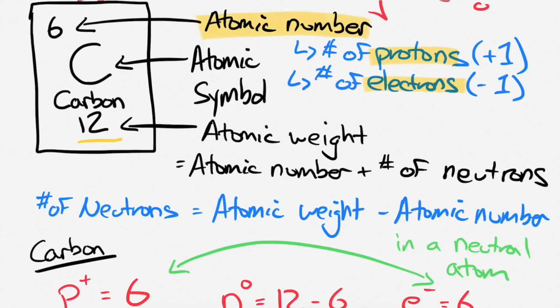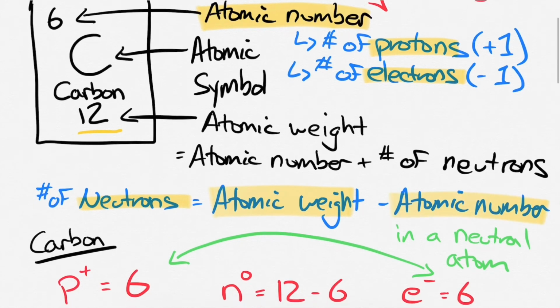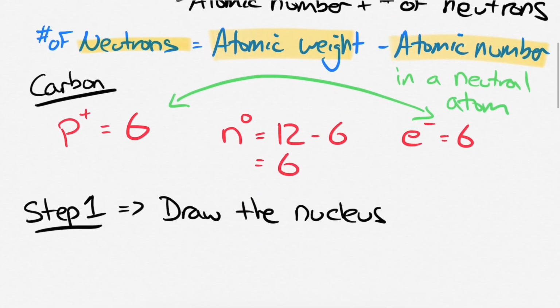We also need the number of neutrons, and that's equal to the atomic weight less the atomic number. Now, the reason that protons and electrons are the same is because in a neutral atom, the charge is 0. So the number of protons has to equal the number of electrons.